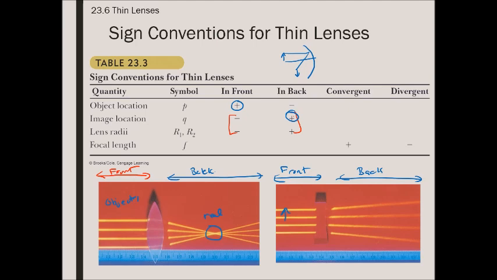If the image is on the same side as the object, then we get a negative image location, and that corresponds with a virtual image. So the signs end up meaning the same thing whether they're virtual or real, but you'll notice that the directions flip. For mirrors, everything on the front was always positive. For a lens, an object on the front is positive, and the image on the back will be positive.